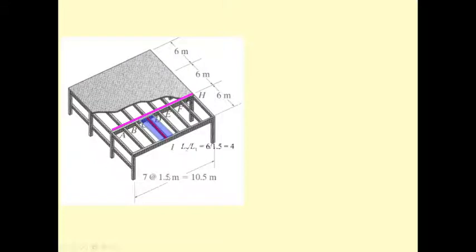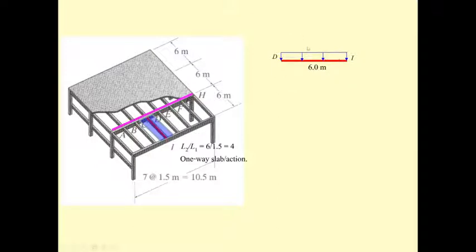That means the ratio of L2 to L1 is about 4, which is larger than 2. That means the load transferring to the beam DI is going to be one-way action. The whole area is going to be a rectangular shape, and then the load on the beam DI is going to be a uniformly distributed load.